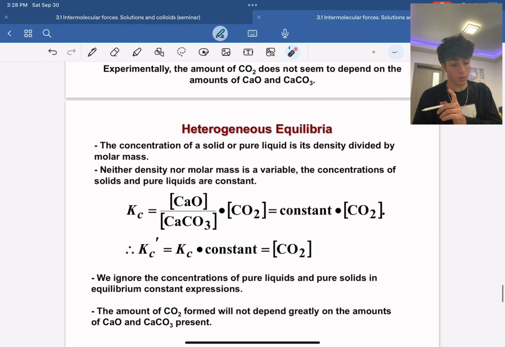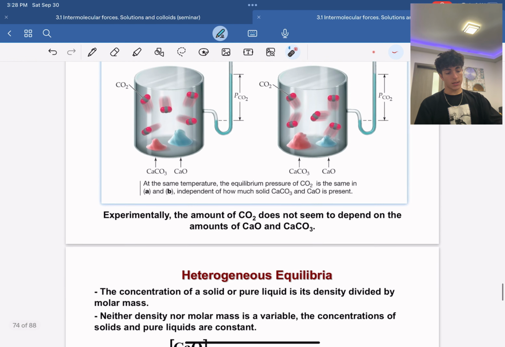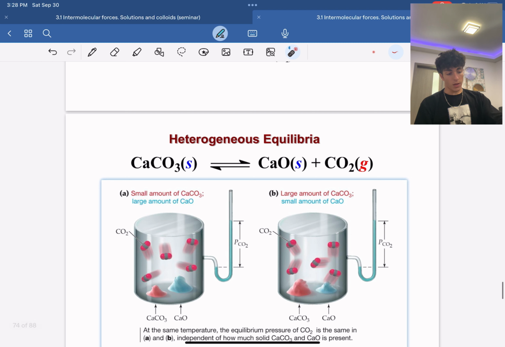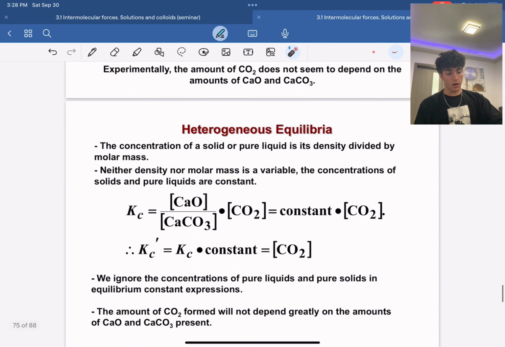Now, what does that do? That changes our formula just a tiny bit. So usually, our formula consists of, remember this, CO2 plus CaO over CaCO3. But when we come here, we see that CaO and CaCO3 are solids, so we don't think about those.